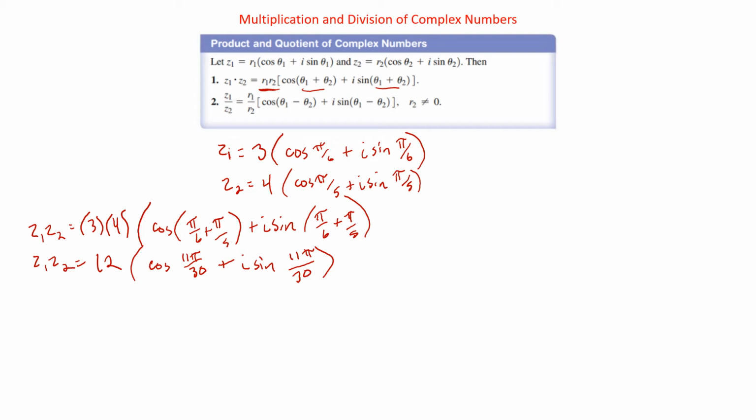Division, however, is easier. So if we have z1 divided by z2, it's 3 over 4 times cosine, and we're going to subtract pi over 6 minus pi over 5 plus i sine pi over 6 minus pi over 5.